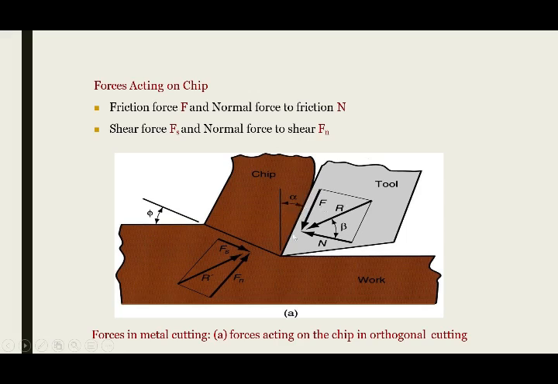So the frictional force capital F will act along this direction, and normal to the frictional force is capital N. The resultant of F and N is R, and the resultant of Fs, the shear force, and Fn, normal to shear force, is R dash.